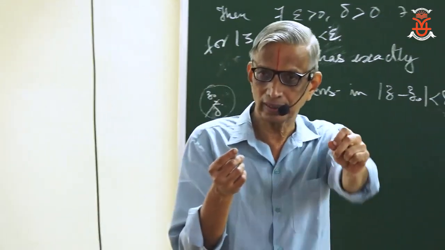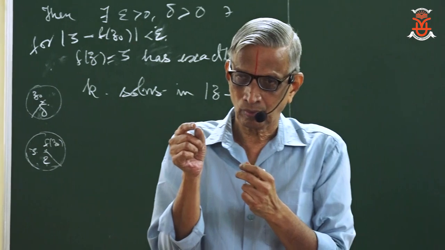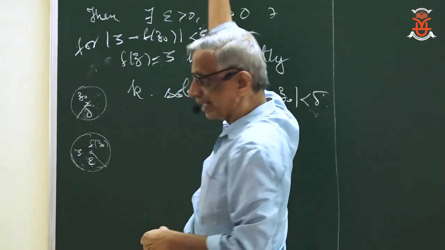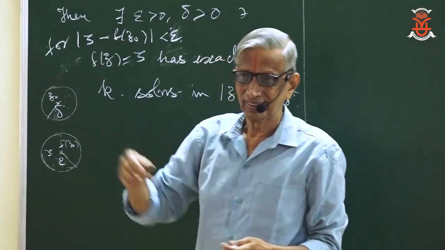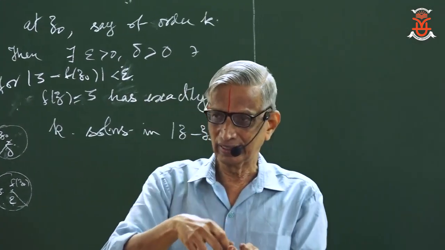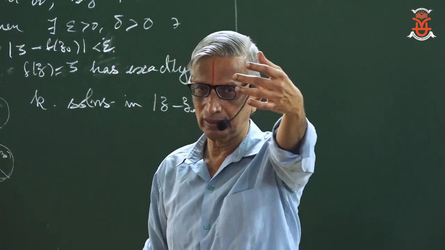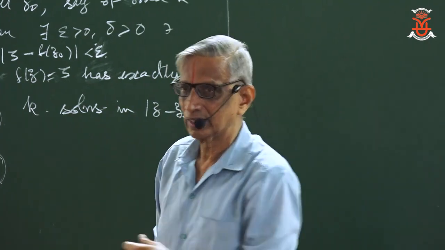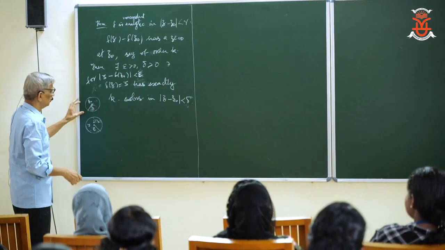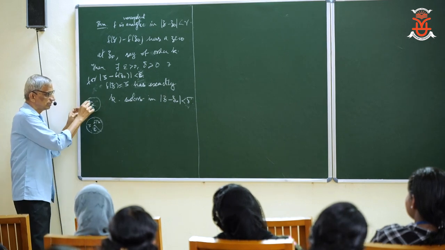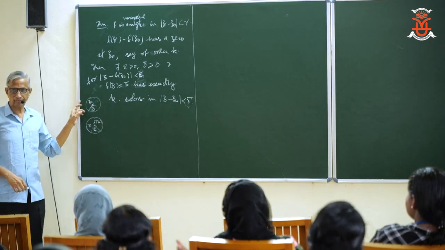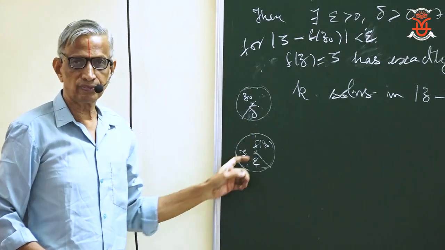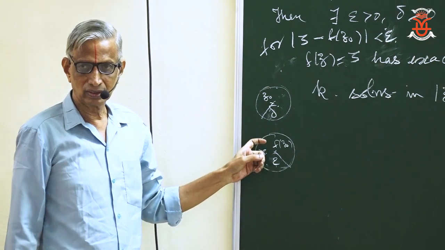So in particular, it says that if you take any point in the range of f and I take a neighborhood of that point, there is a neighborhood of z naught which is mapped into this, right? The delta neighborhood of z naught is mapped into an epsilon neighborhood of f(z naught).